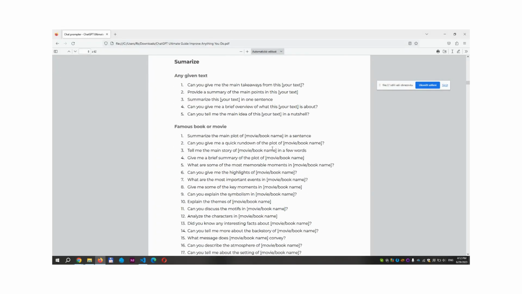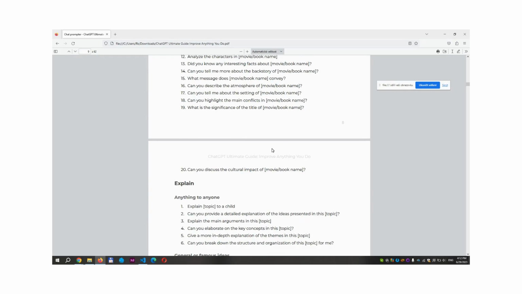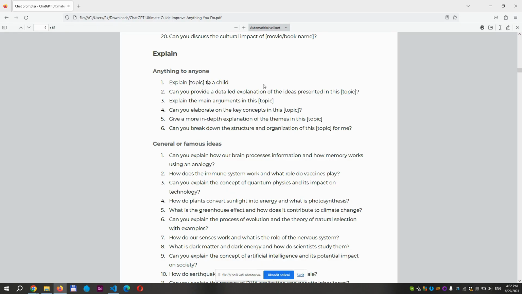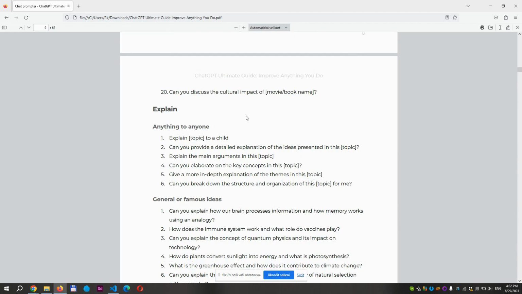Okay, so that's just the first part, our asking, our summarization, and now we can move on to the second one, which is explain. All right, so let's start explaining. This is also very interesting. It's similar to summary or extracting key points or ideas from a book, but explanation is another skill that ChatGPT can do.